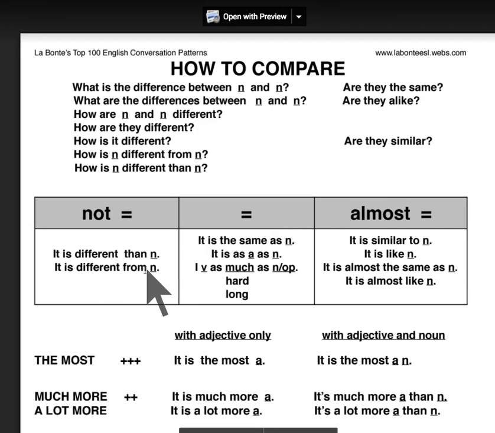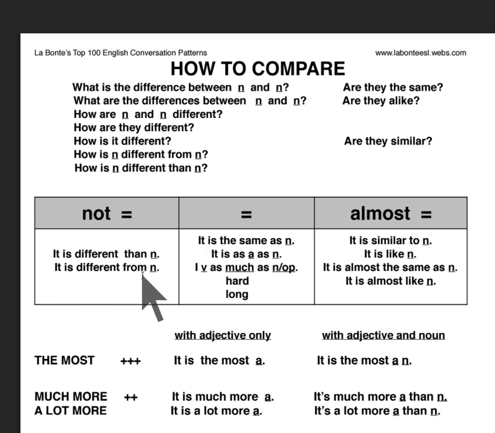You know, it's different than that, it's different from that, and things that are the same is the same as that, it is as big as that. Sometimes with the adjective, with the verb, depending on the adjective, there's changes in how things are equal.